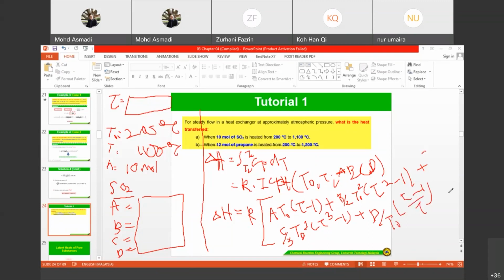And close. So please calculate delta H. Don't forget, since we want to determine delta H, it should be times R, the R constant.